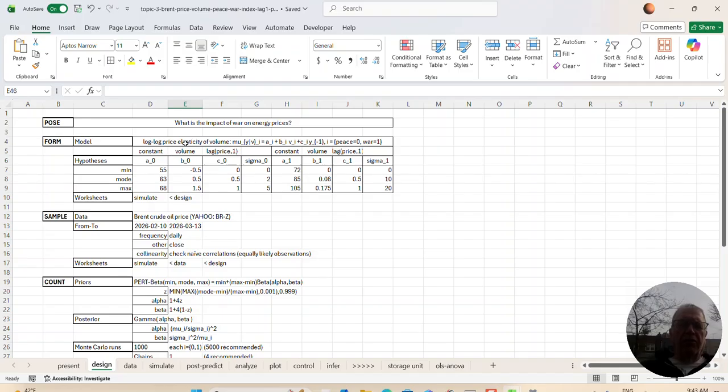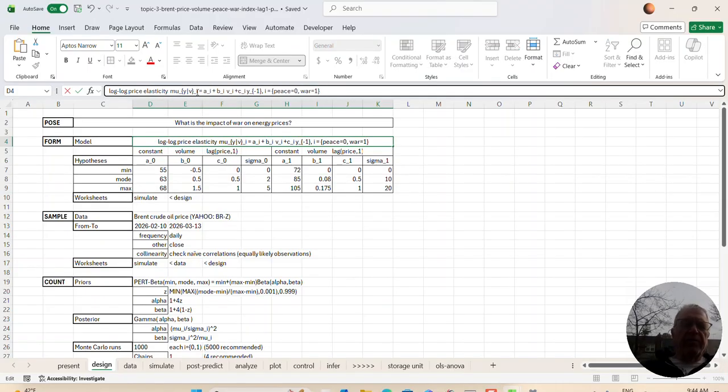One possible model was an elasticity model. I've given up on that, by the way, so I'm going to change that to just a price volume model. I haven't given up on it.